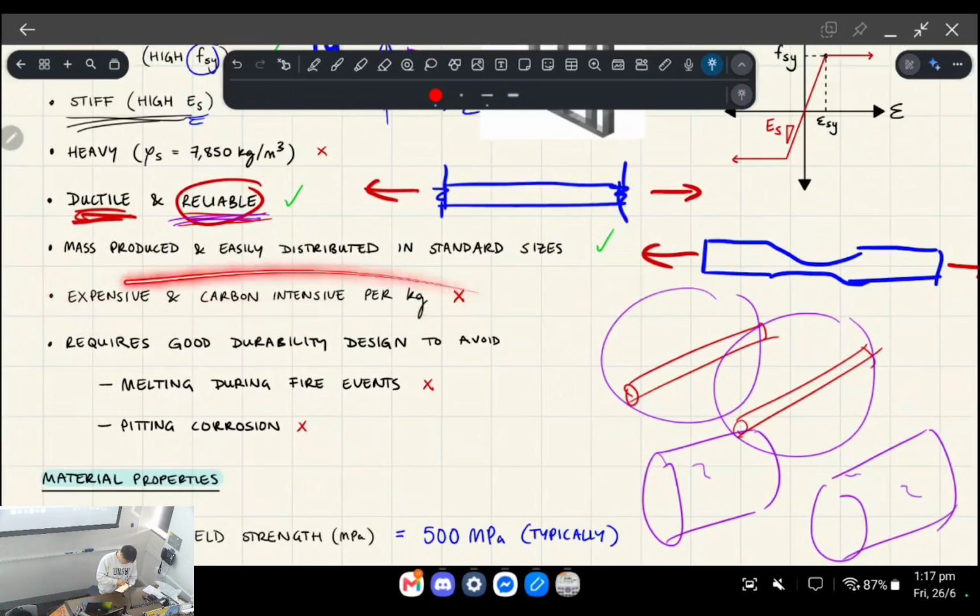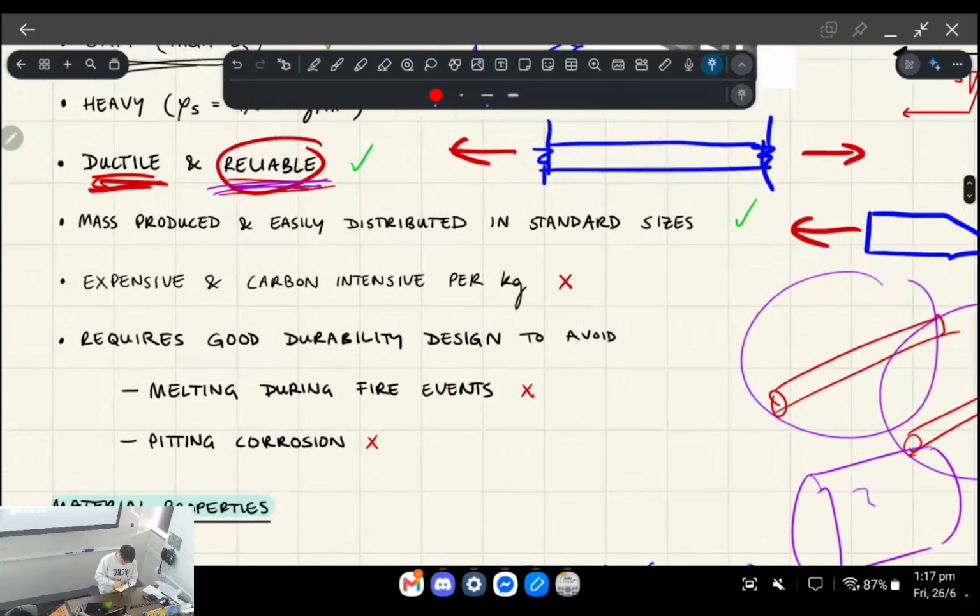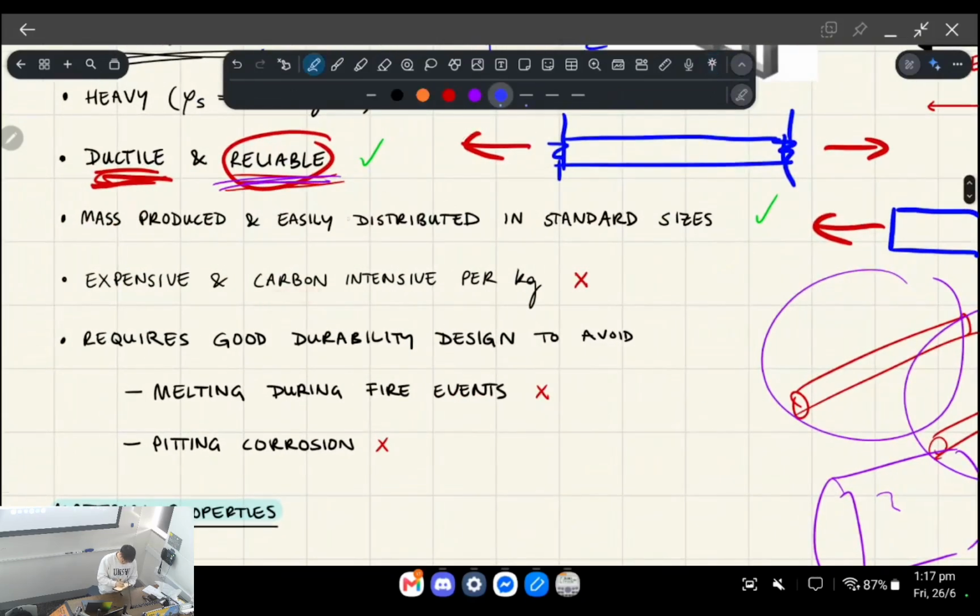Yeah, the problem with steel, or one of the problems, is that it's rather expensive. So you measure it per ton or per kilogram, right? The cost per amount of weight, that's how they would measure it. And then in terms of carbon emissions, the CO2 emissions embodied in the steel during its overall production process is rather intensive as well per kilogram.